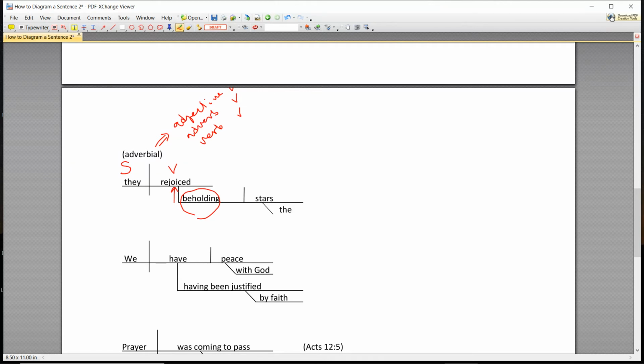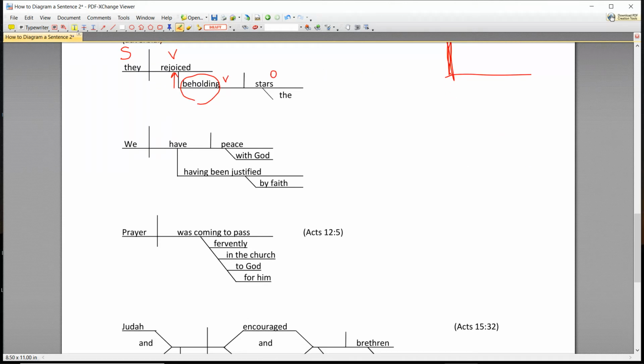While beholding. So beholding is a verb and the object. And this is just a definite article, right? So participles should go under the baseline, and then it's connected by a vertical line and a parallel line. This line that's parallel to the baseline. Okay.